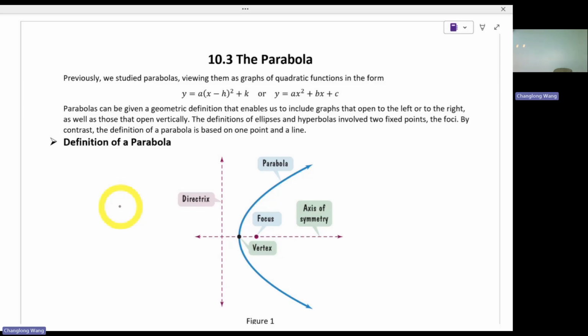That line is at equal distance away from the vertex as compared to the focus, but it's going to be on the other side. And this line has to be perpendicular to the axis of symmetry.